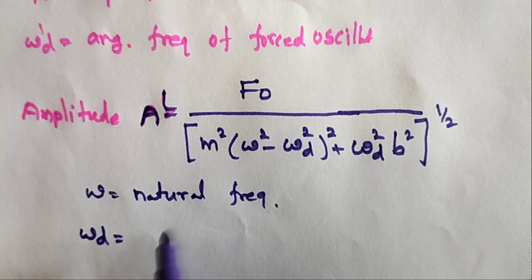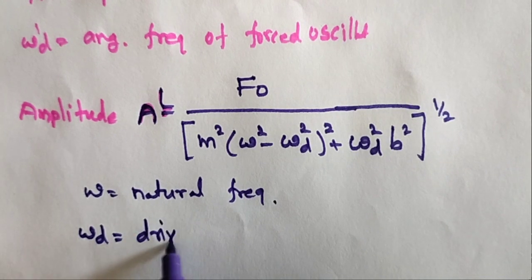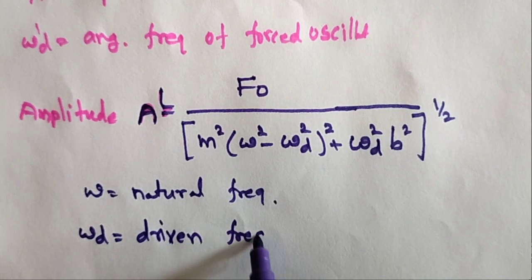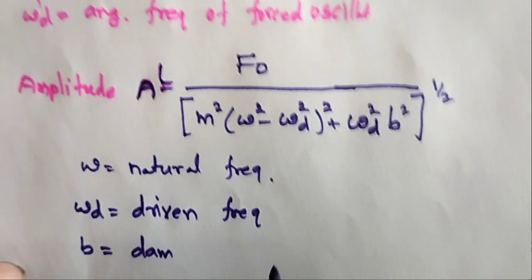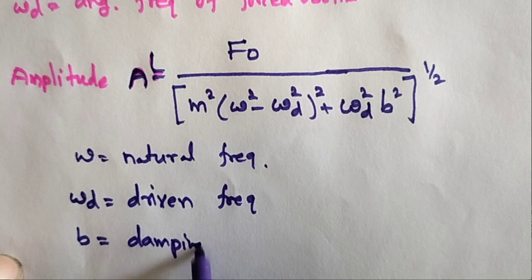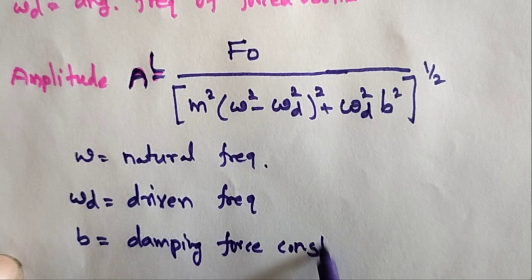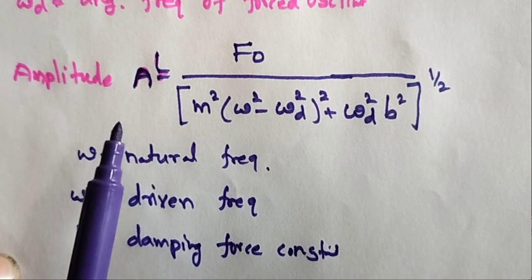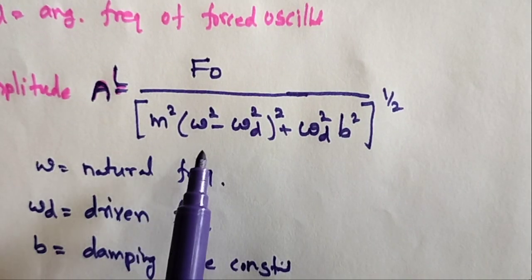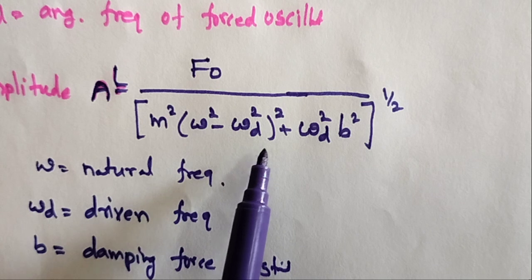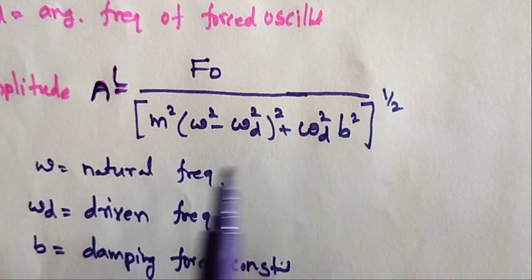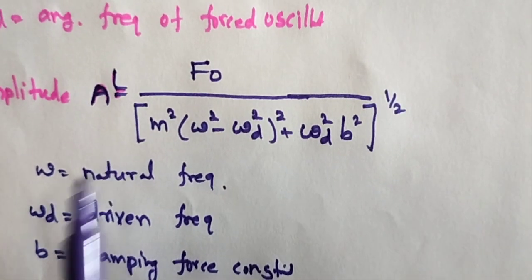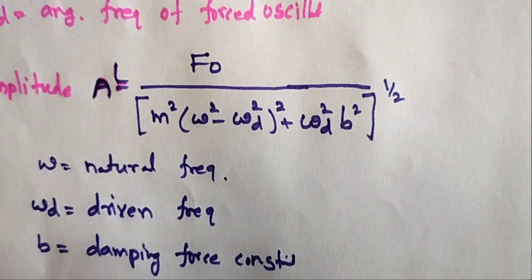Omega d is equal to the driven frequency, and b is equal to the damping force constant. So A dash is equal to F naught by m square omega square minus omega square d whole square plus omega square d b square whole power 1 by 2. This is the amplitude of the forced oscillation.